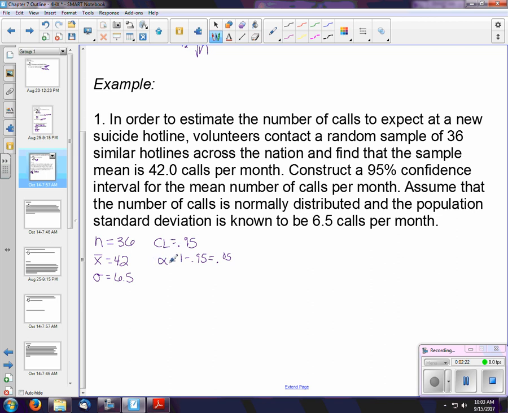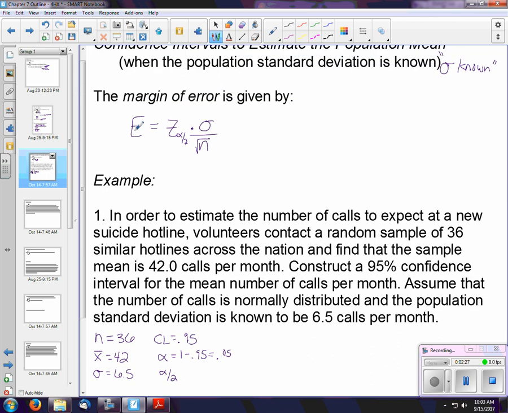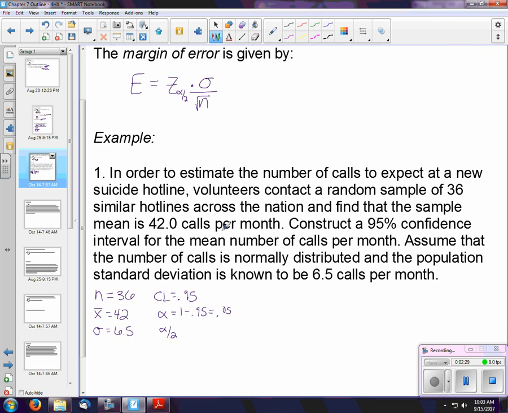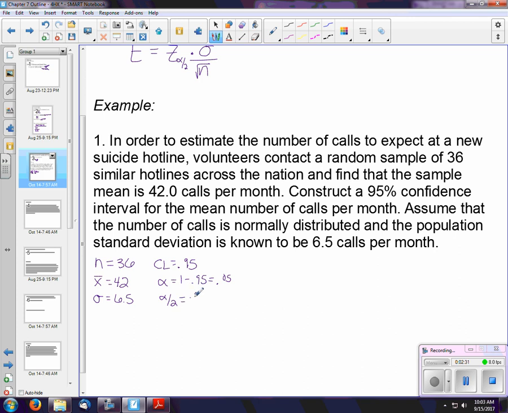Well, based off of alpha, remember that the z-score you are looking for is based off of alpha over 2. So if you take 0.05 and divide that by 2, we get here 0.025. In other words, the z-score that we need is z of 0.025, which comes from our z-score table.